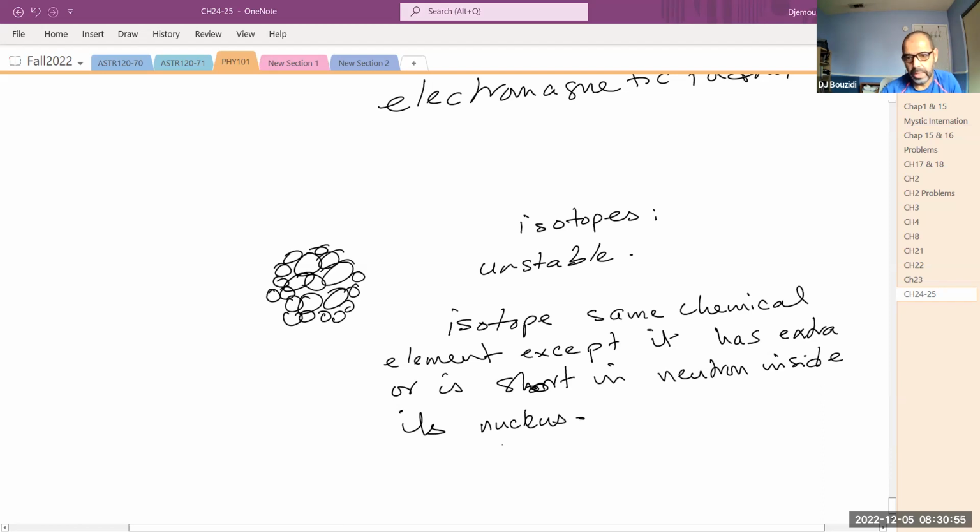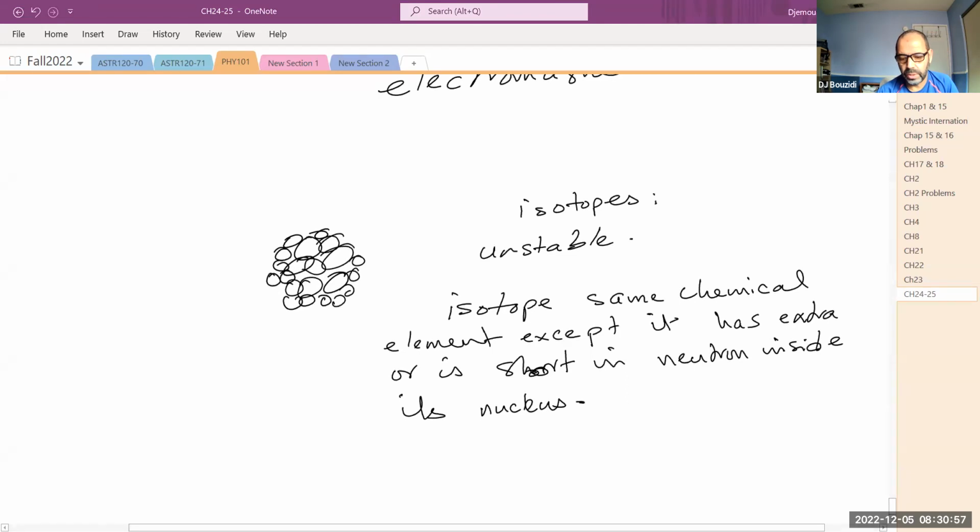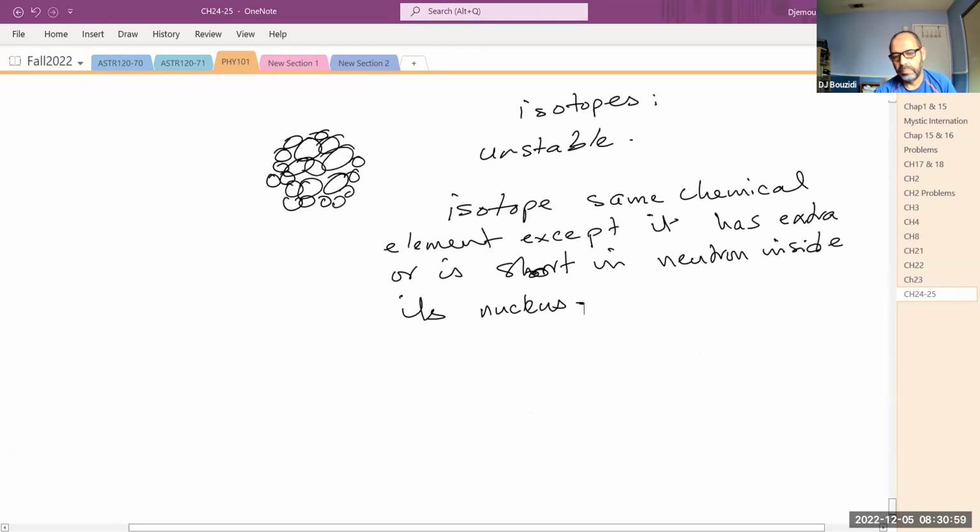Let me explain. Let me give an example, like carbon 13 and carbon 14 and carbon 12, okay? Carbon has 3 isotopes, okay?